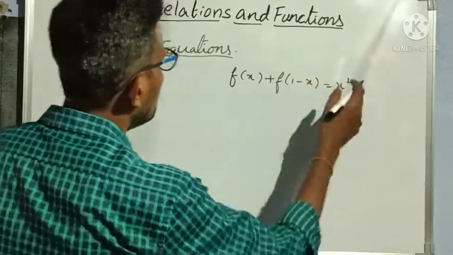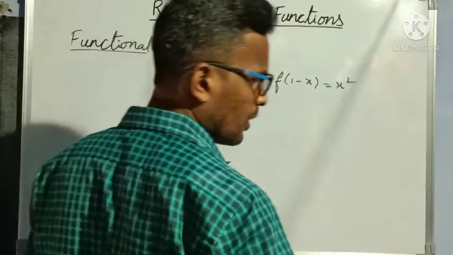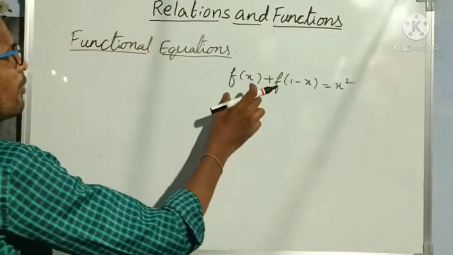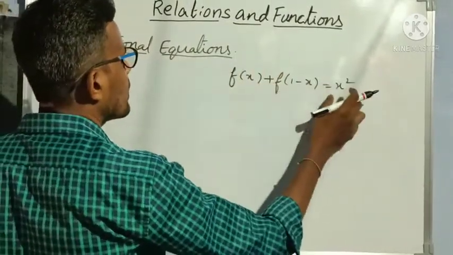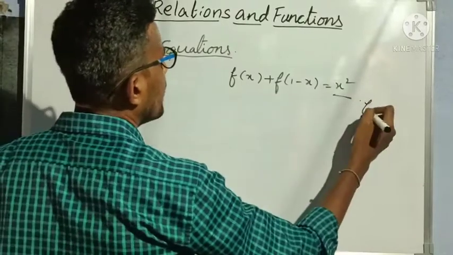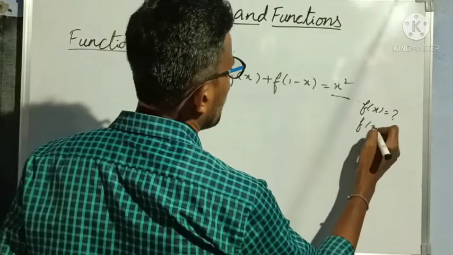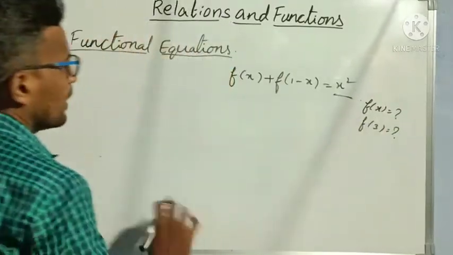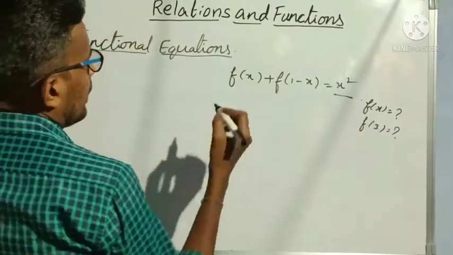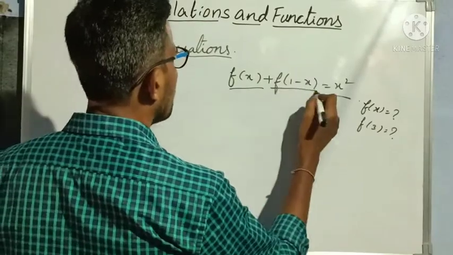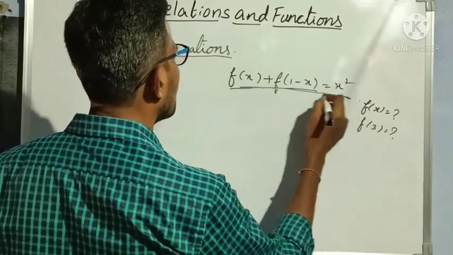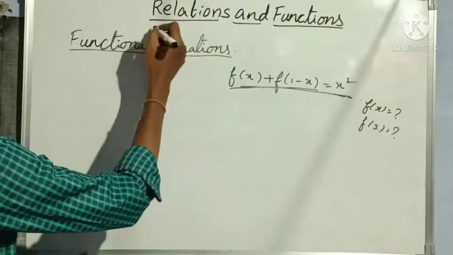Some equation will be given like this: f of x plus f of 1 minus x is equal to x square. Then we need to find the value of f of x, or f of 3, something like that. Some other values will also be given. Understood? Every equation of this form will be called a functional equation.